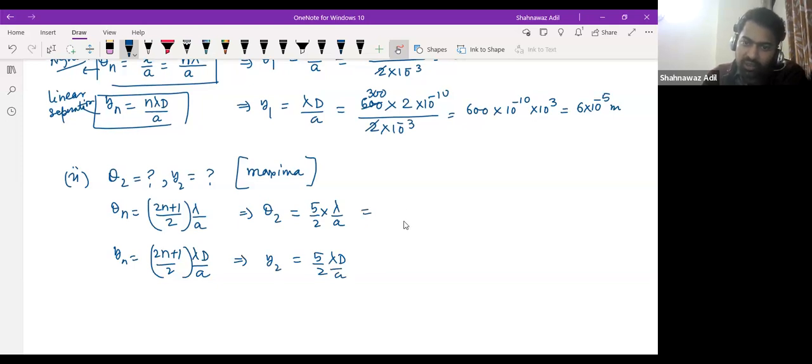So 5 by 2, lambda is 600 angstrom, and then a is 2 into 10 to the power minus 3.